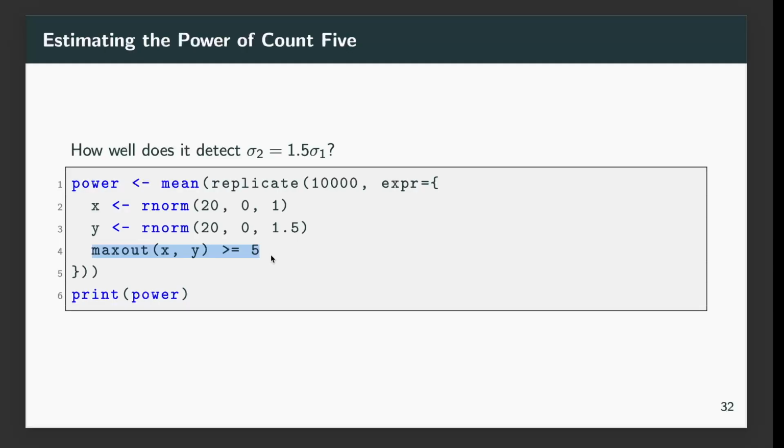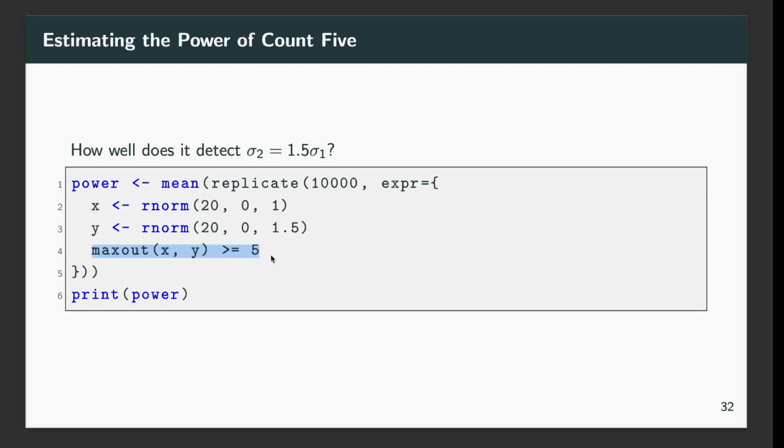The way that this code is written is very compact compared to the previous one. The entire computation is just a single expression. When you run this, the power might be between 0.1 and 0.2, which is quite low, and this actually reflects the limitations of the count 5 test for small sample size when the variance difference is 50%.